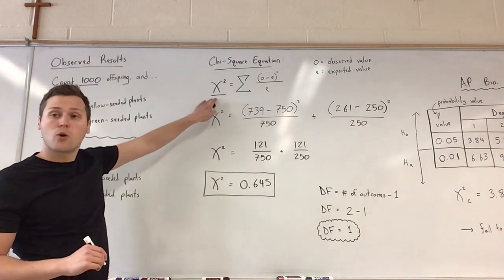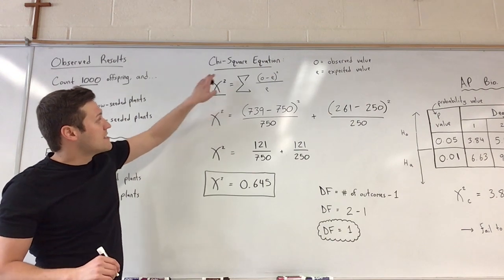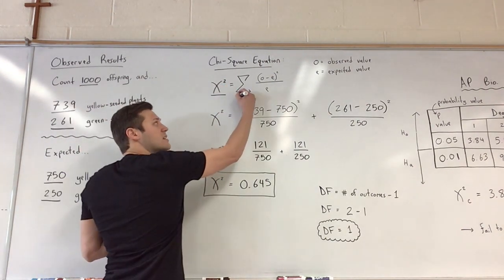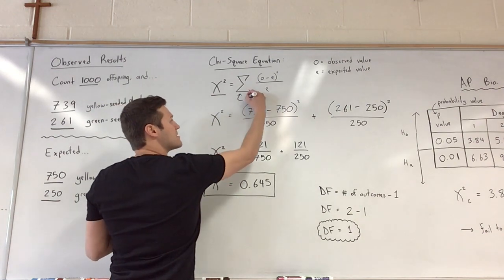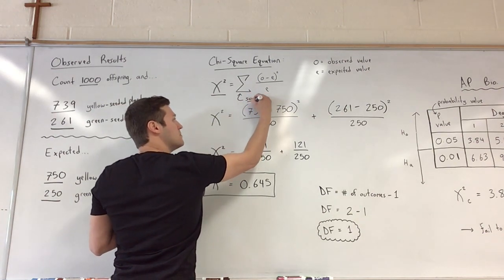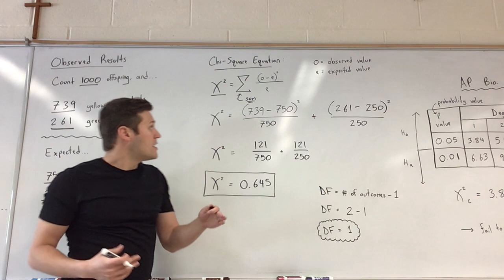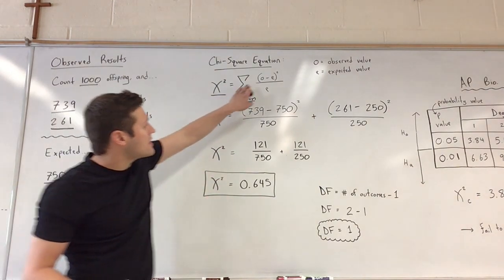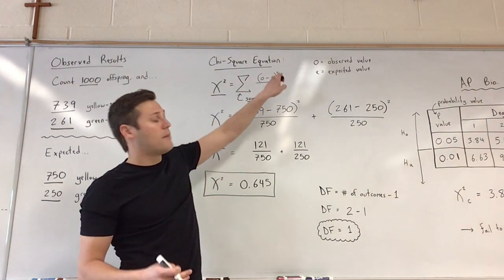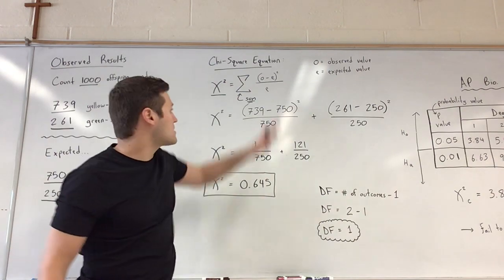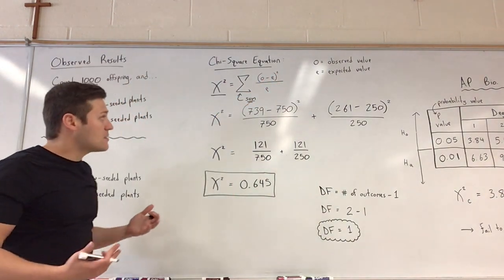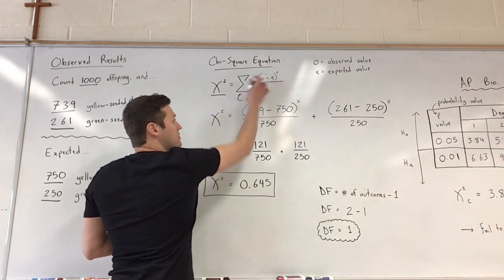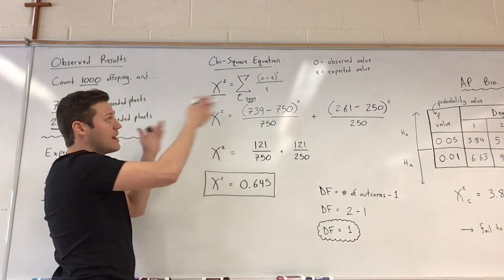The chi-square equation is the sum, so this right here, this sigma, capital sigma, a Greek symbol, is sum, which means we're adding. So it's the sum of all of the observed minus their expected values squared over the expected value. So basically, we have the observed for each one, green and yellow.